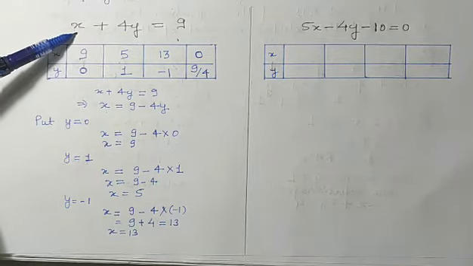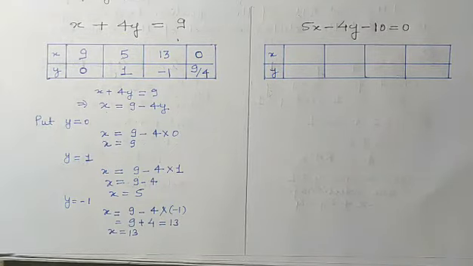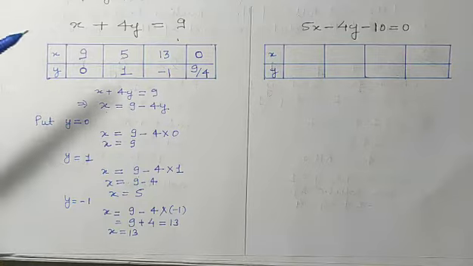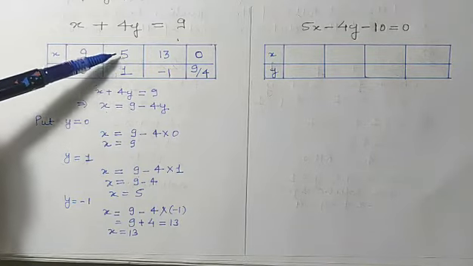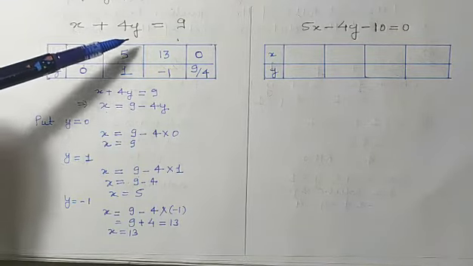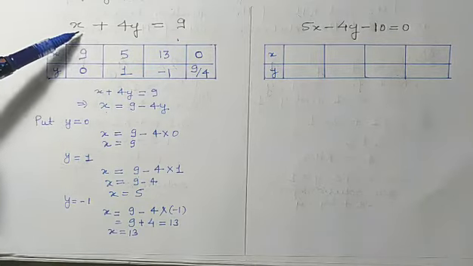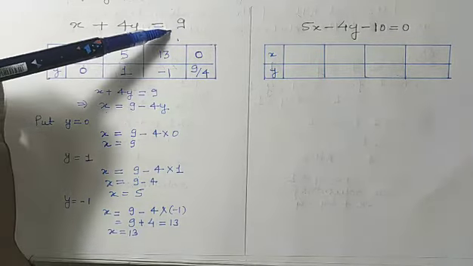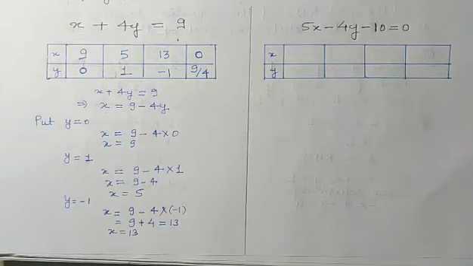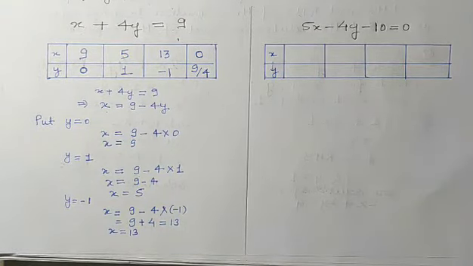So left hand side is 9 only and right hand side is also what? 9. If we put x is equal to 5 and y is equal to 1, so 5 plus 4 is equal to what? 9. Okay students, so like this we can also verify our solutions.